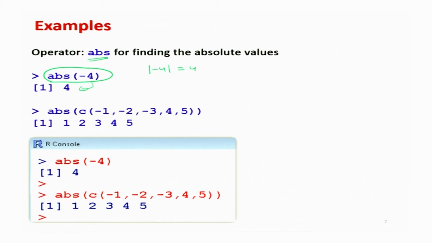And yes, these functions, wherever needed, can also be operated over data vectors and they will operate on each of the elements inside the data vector. For example, if you find the absolute value of say minus 1, minus 2, minus 3, 4 and 5 and you use the concept of a data vector to input the values, you can see this absolute function will go inside and find the absolute value of minus 1, minus 2, minus 3, 4 and 5.